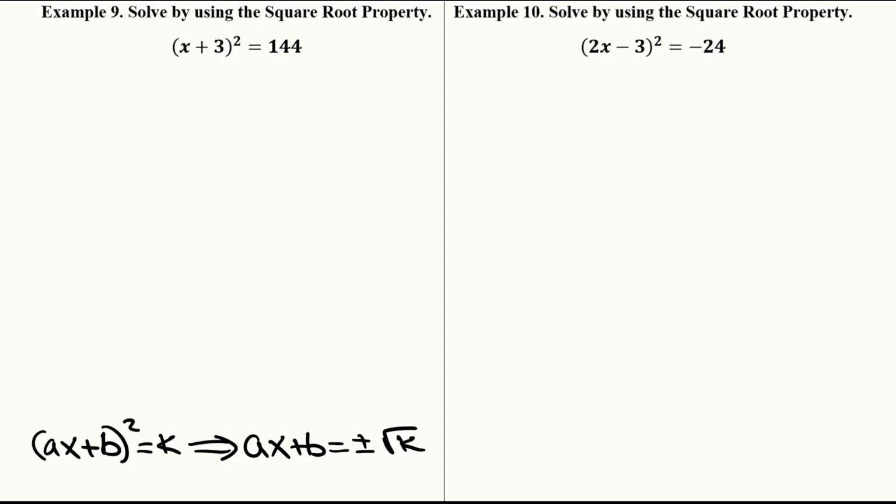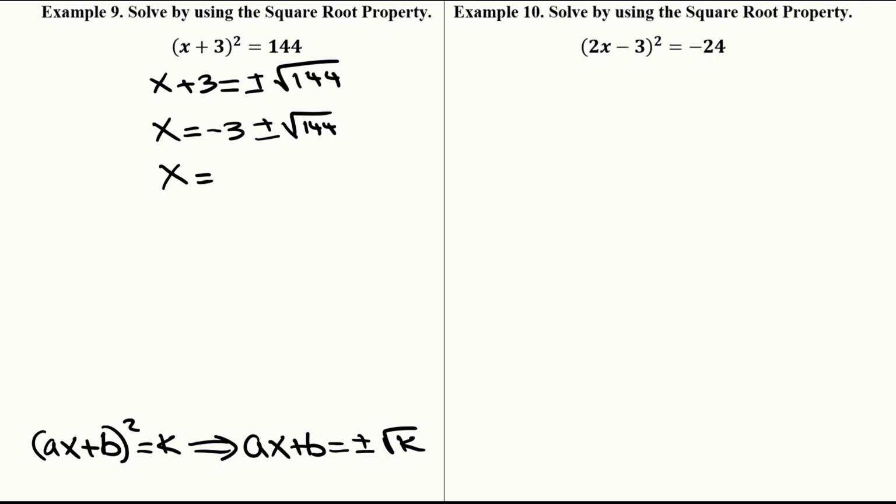So here we're going to get that x plus 3 must be plus or minus square root of 144. So we get x equals negative 3 plus or minus square root of 144. Now we know that square root of 144 is a nice simple 12. So we'll go ahead and replace the square root of 144 with 12.